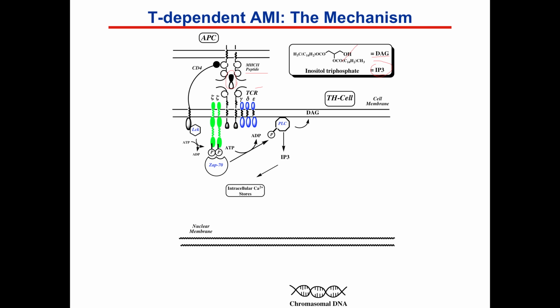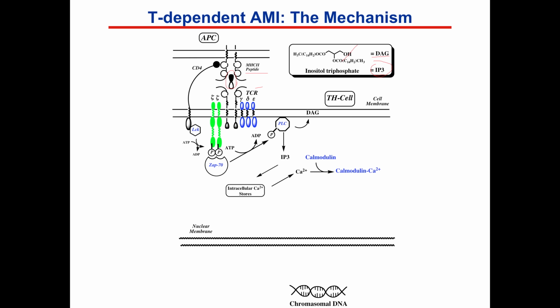In a lot of signal transduction pathways, one of the key modulators is calcium, and either the sequestration or the release of calcium is a big indicator. In this case, we get intracellular calcium released by the interaction of inositol triphosphate.